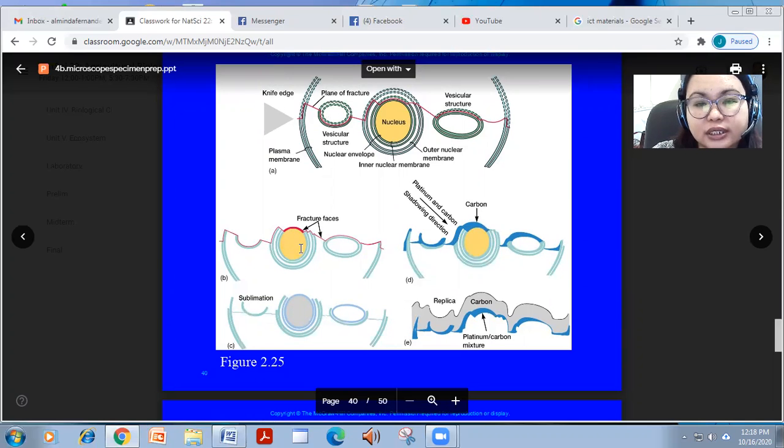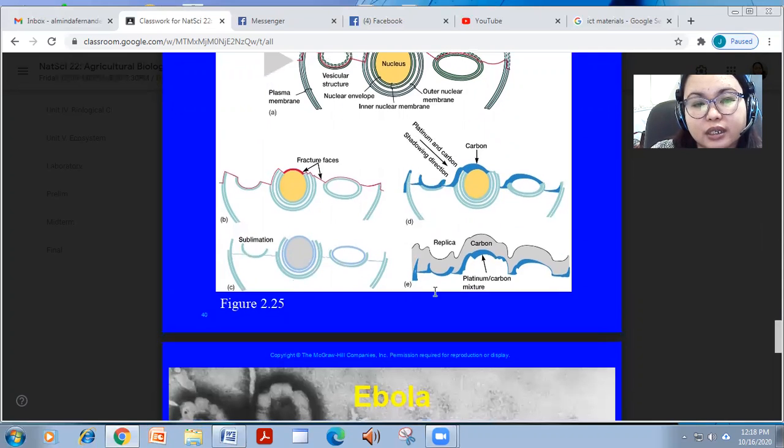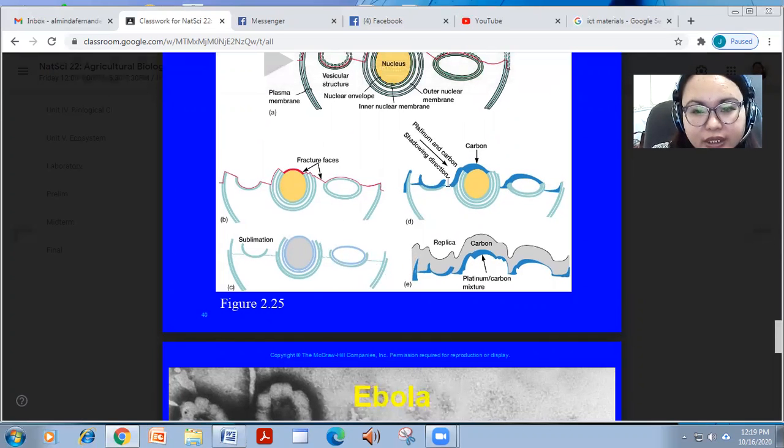These are the fractured faces, and you have to coat them with platinum and carbon for shadowing in the direction of the carbon. Before that it is still under sublimation, and before the coating is incorporated, you now have the platinum carbon mixture inside the membrane.